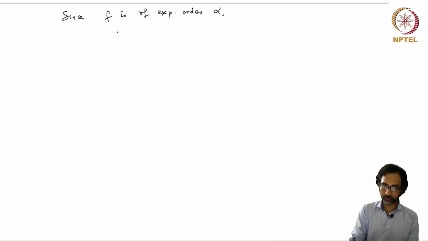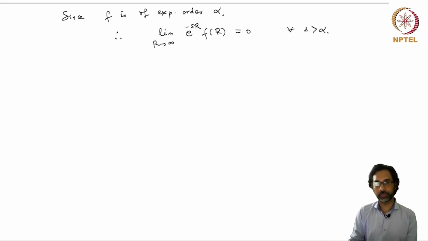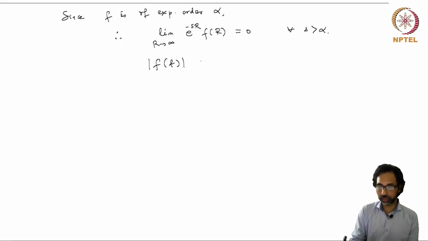Therefore the limit as R goes to infinity of e to the minus sR f(R) equals 0 for all s greater than alpha, because we know that mod of f(t) is less than or equal to M e to the power alpha t, for t greater than or equal to t naught.